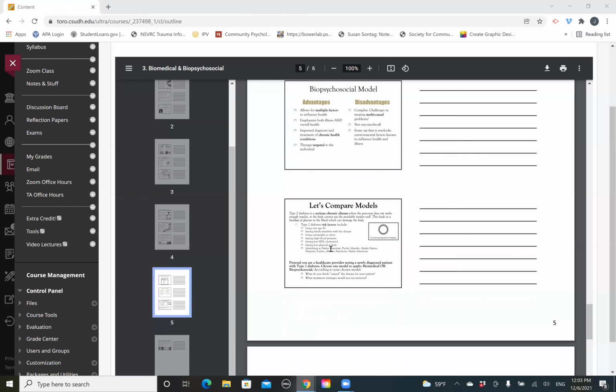and BIPOC identification. So if you are seeing, as a clinician for type 2 diabetes, you would absolutely have to use the biopsychosocial model, right? Because type 2 diabetes, unlike type 1, really is associated with behaviors. And those behaviors are not biological.